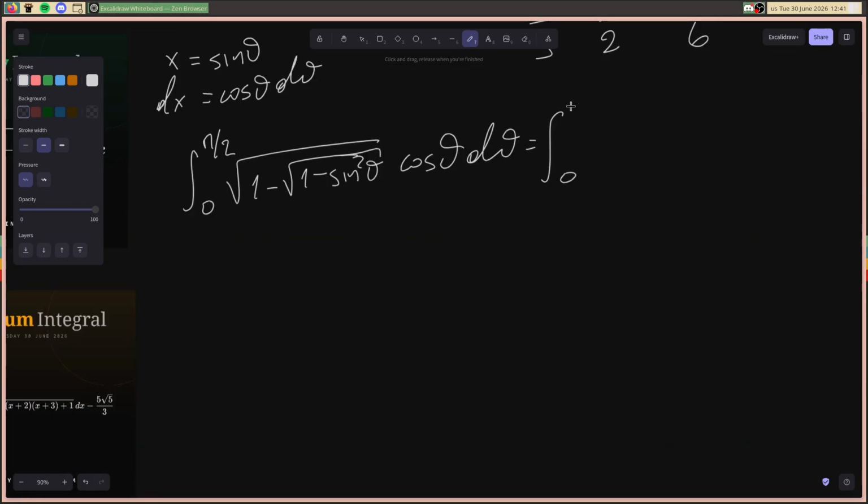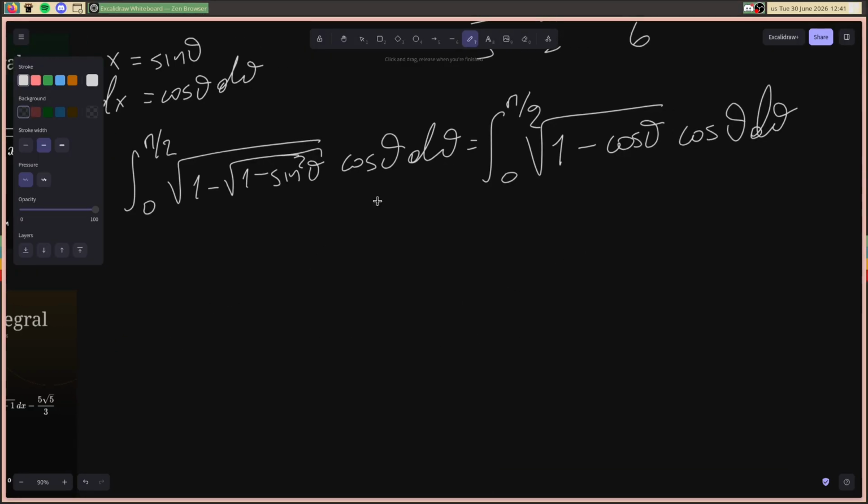Now this is the integral from 0 to pi over 2 of the square root of 1 minus, and this is the square root of cosine squared, which is just cosine theta, since cosine is positive on 0 to pi over 2, times cosine theta d theta.